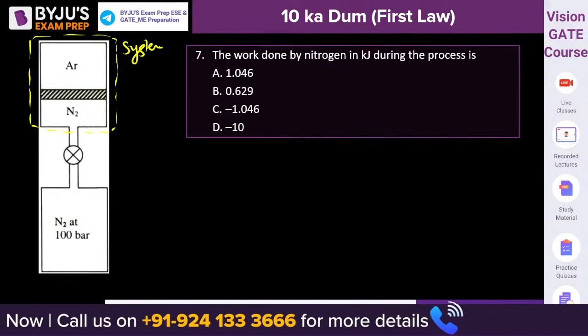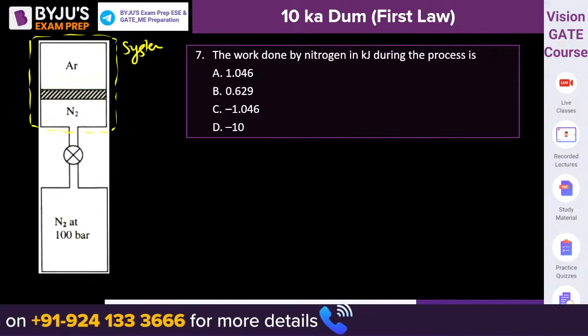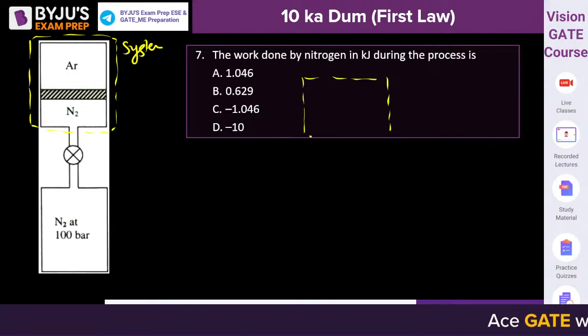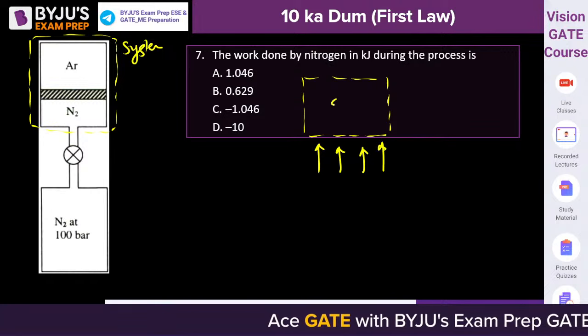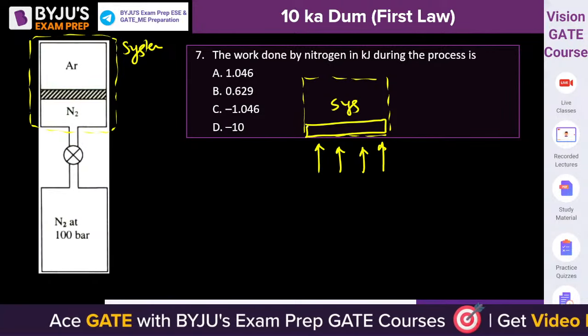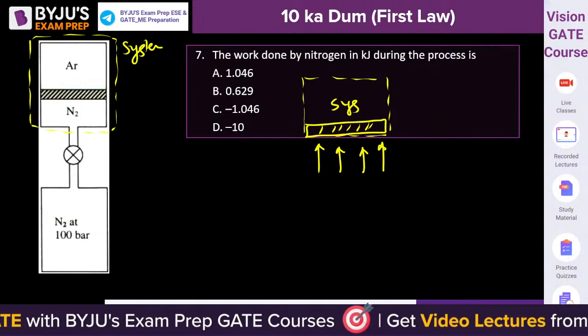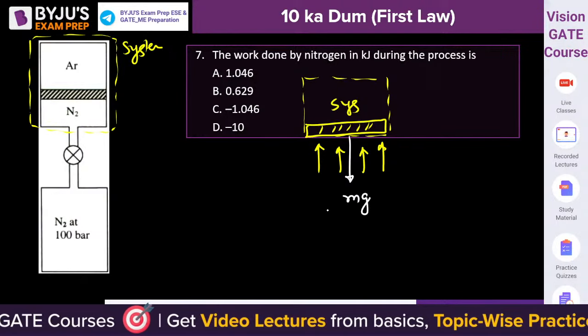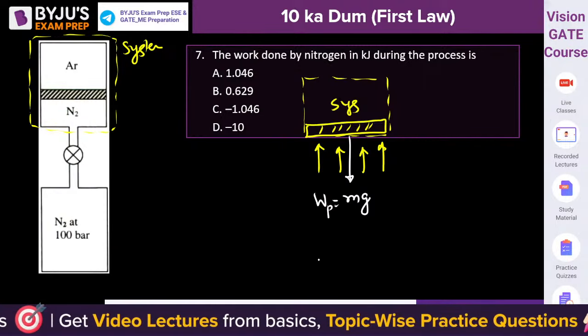Now the work done by the nitrogen in kilojoule during the process is, nitrogen किस पे वर्क कर रहा है? The work done by the nitrogen, एक तो सिस्टम की बाउंड्री पे वर्क कर रहा है. The work done by the nitrogen in compressing the system, and other than that on the piston also, there is a mass of the piston. The weight of the piston is acting in downward direction.